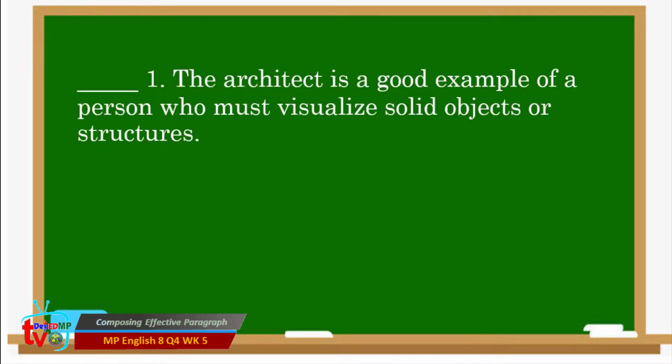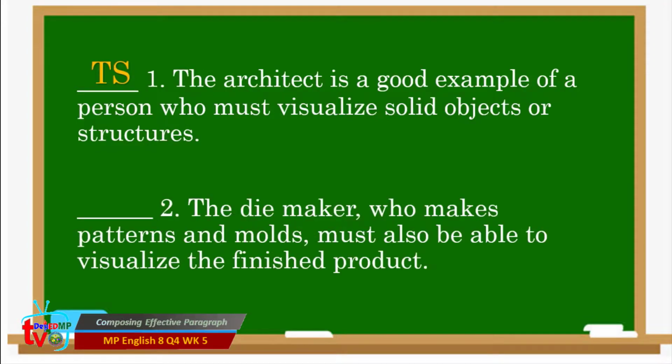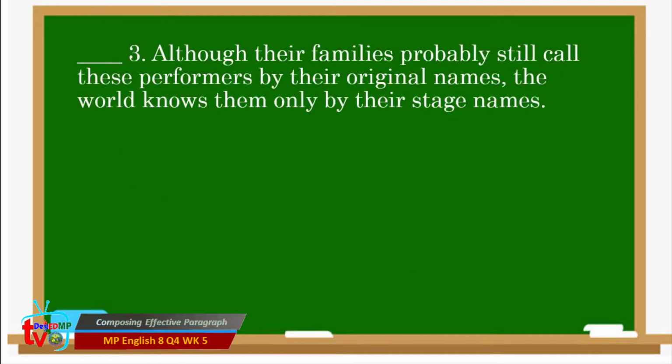Let's check your answer. Number 1. The architect is a good example of a person who must visualize solid objects or structures. TS. Number 2. The die maker who makes patterns and molds must also be able to visualize the finished product. SS. Number 3.